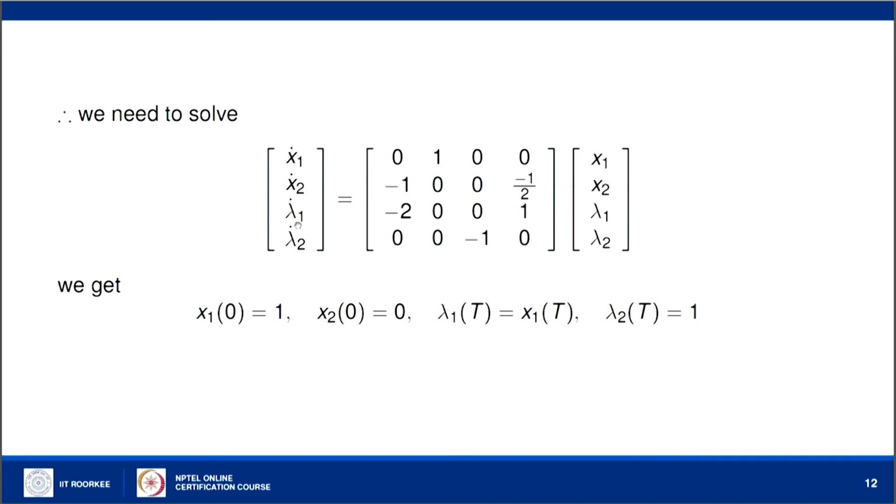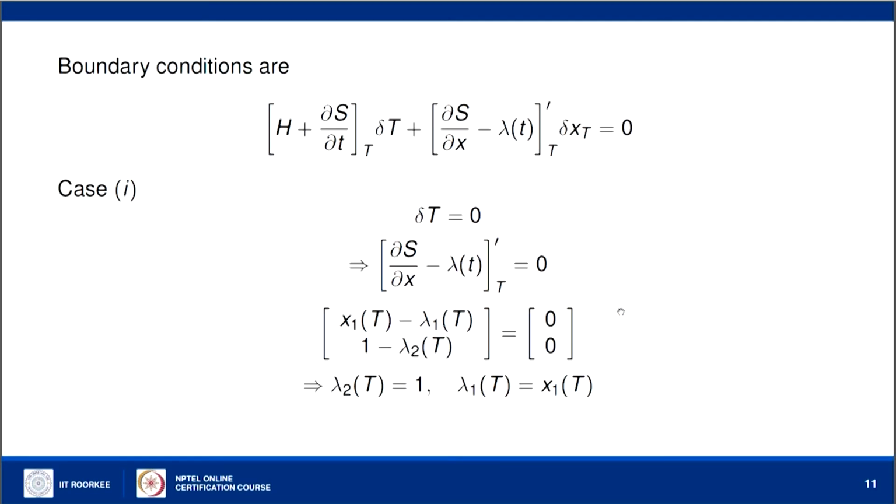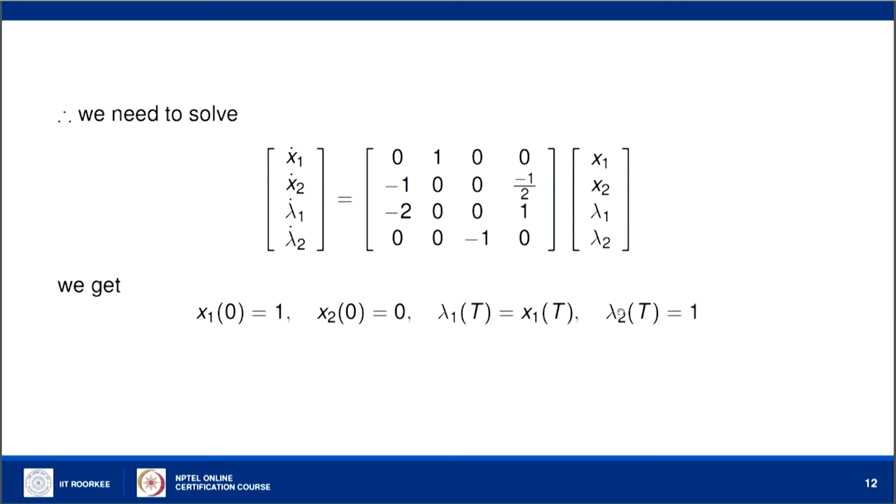As we saw previously, equations 15 and 16 are coupled, and they can be written in matrix form like this. The boundary conditions are given in the problem: at t equal to 0, these two are already given, and these two boundary conditions were derived in the previous slide. Along with these 4 boundary conditions, we can solve the system of equations in the usual way.